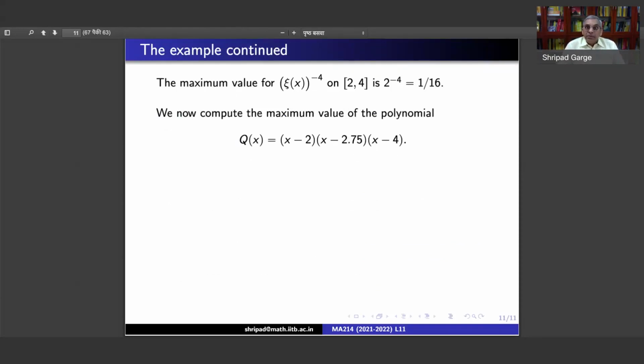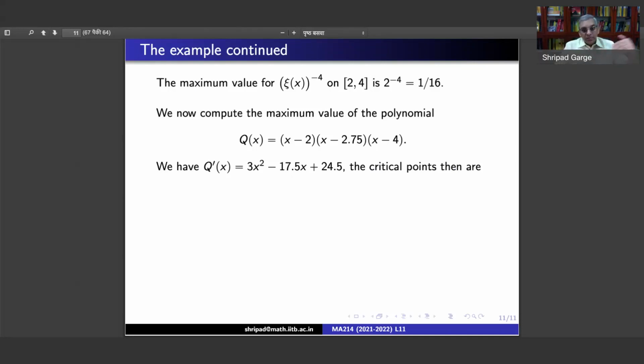To find the maximum value of the polynomial, we have to find the critical points. For that, we need to find the derivative. Derivative is 3x squared minus 17.5x plus 24.5. If you write it as rationals, you will have 3x squared minus 35 by 2 x plus 49 by 2.